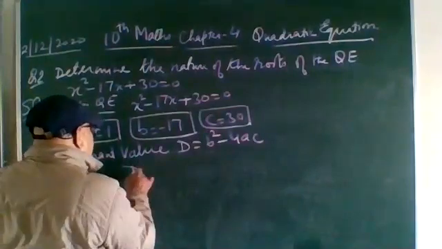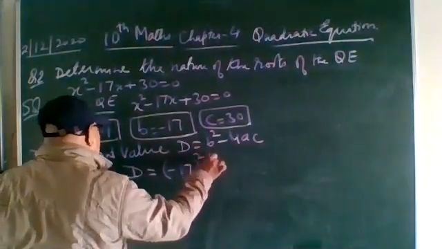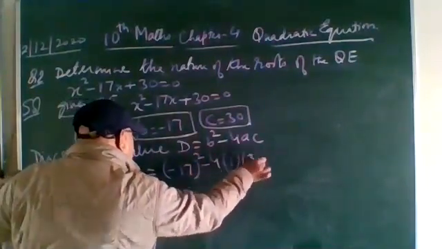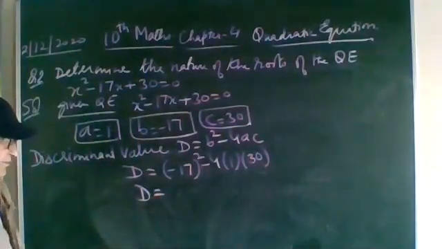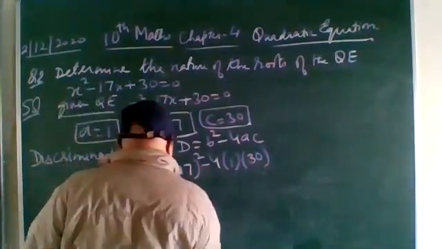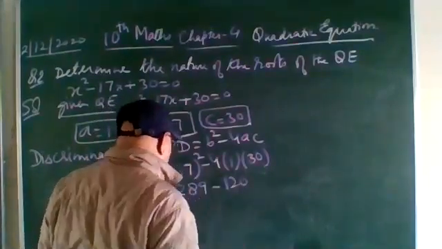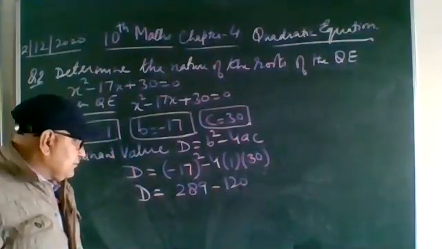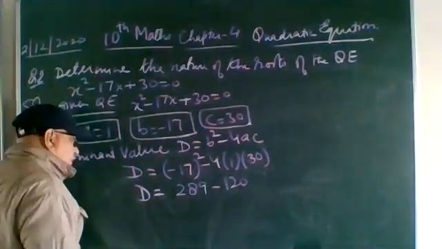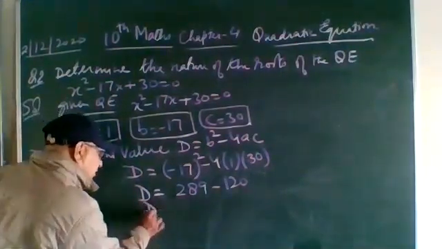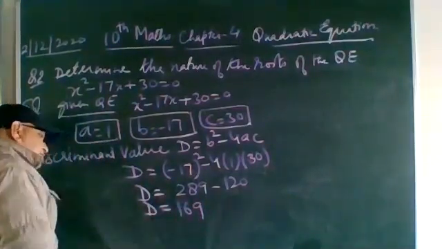So D equal to minus 17 square minus 4 into 1 into 30. So 17 into 17 is 289, minus 120. D is 169.